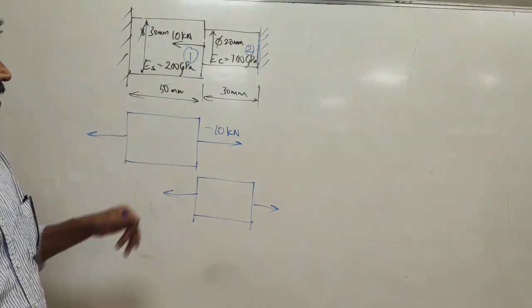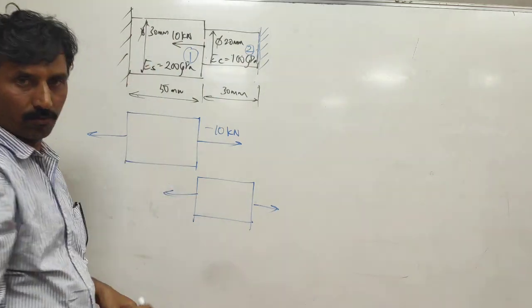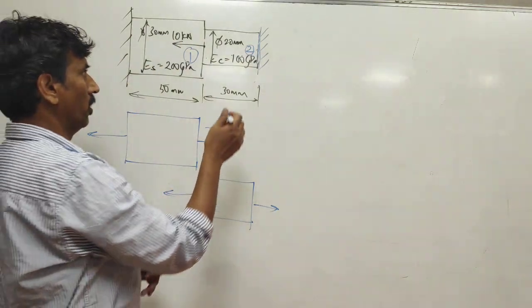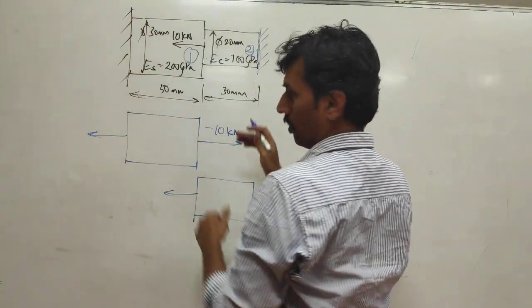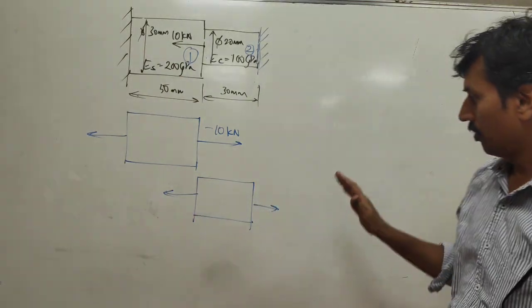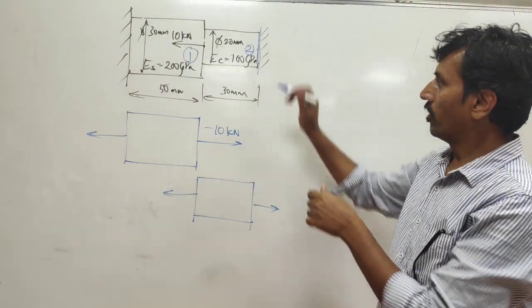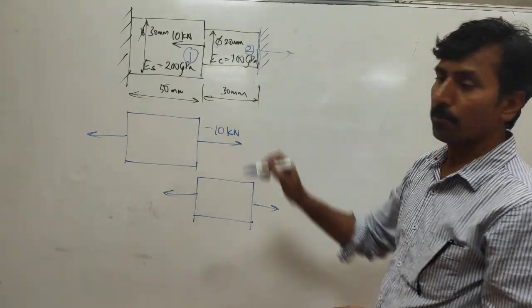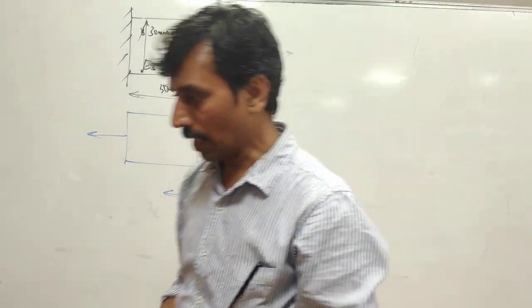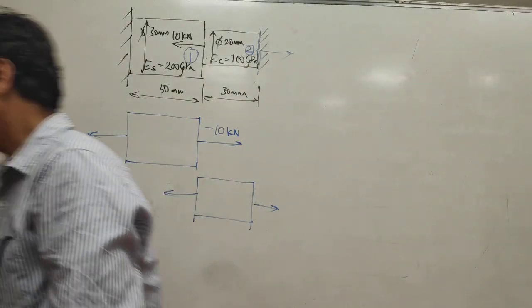Now you can imagine that this is trying to pull like this, so this end should be able to apply a reactive force in this way. Am I right?